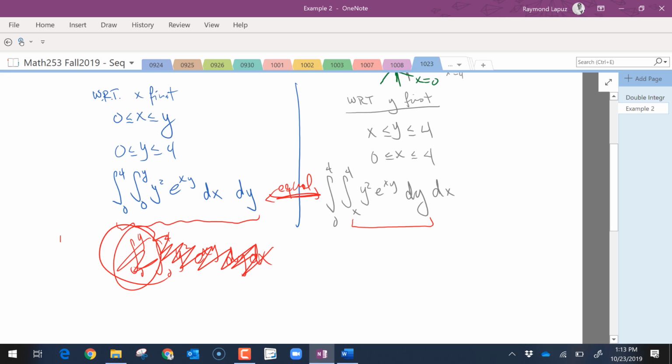I think it's manageable. But let's look at the second integral: y squared e to the xy with respect to x. So y is a constant. That can go out, and you just take the integral with respect to x. You can even pull out e to the y, and then you just have e to the x. Right?